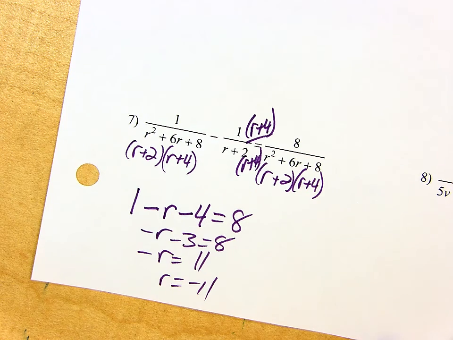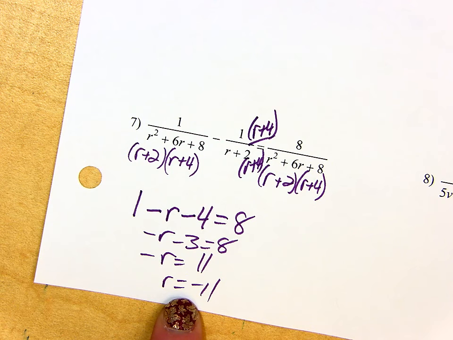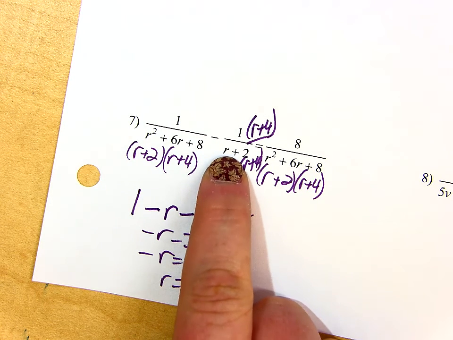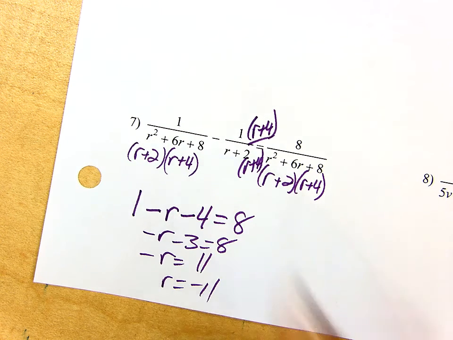So let's just say I had done all this work and my answer right here had come out to be negative 2. Let's just pretend. If I went to plug it back into the original, wouldn't it have turned that thing right into a 0? Because negative 2 plus 2 would make a denominator 0, and I can't have that.